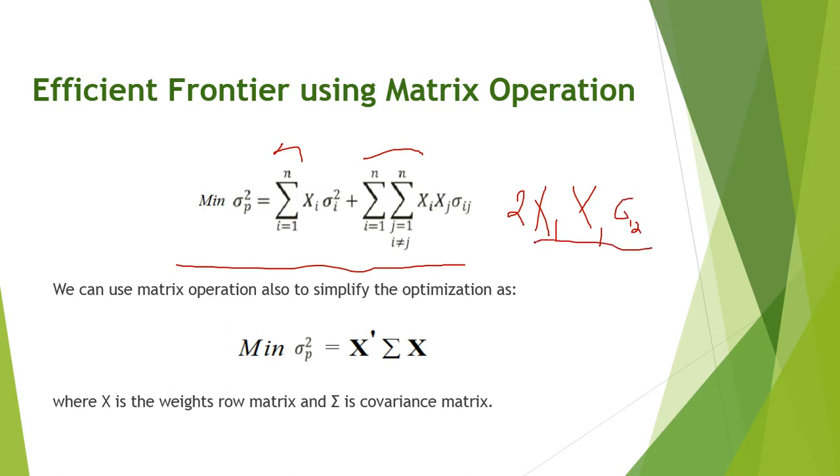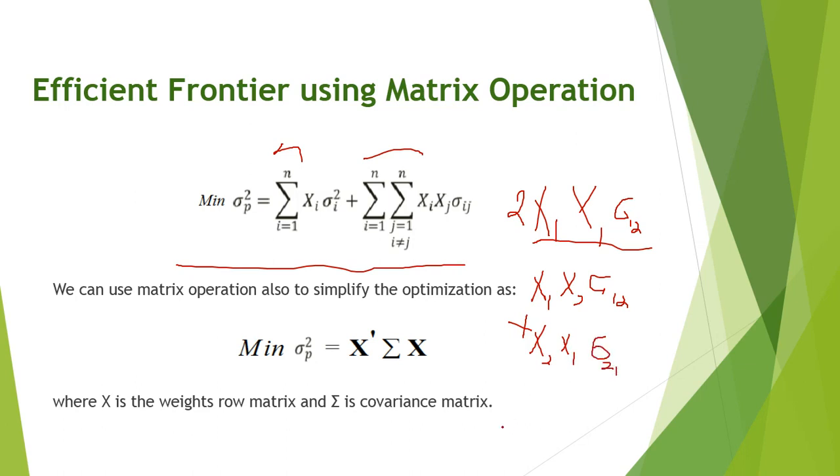Actually, this equation was like this: x1, x2, and covariance of 1, 2, plus there was another term x2, x1, and covariance of 2, 1.